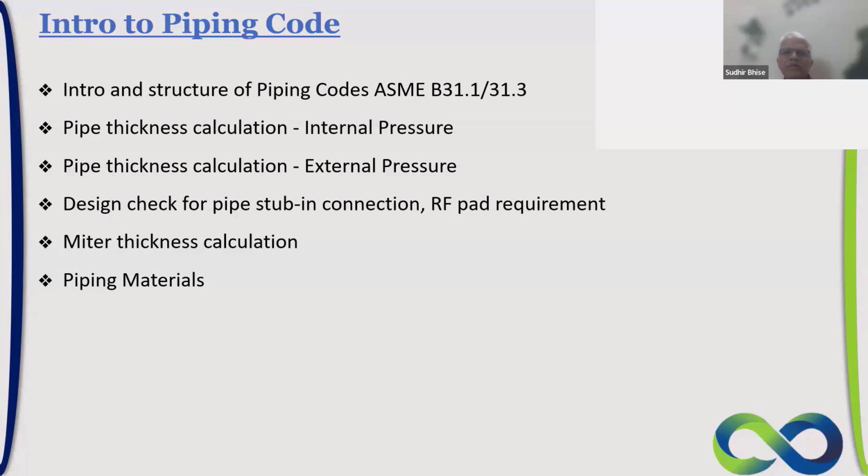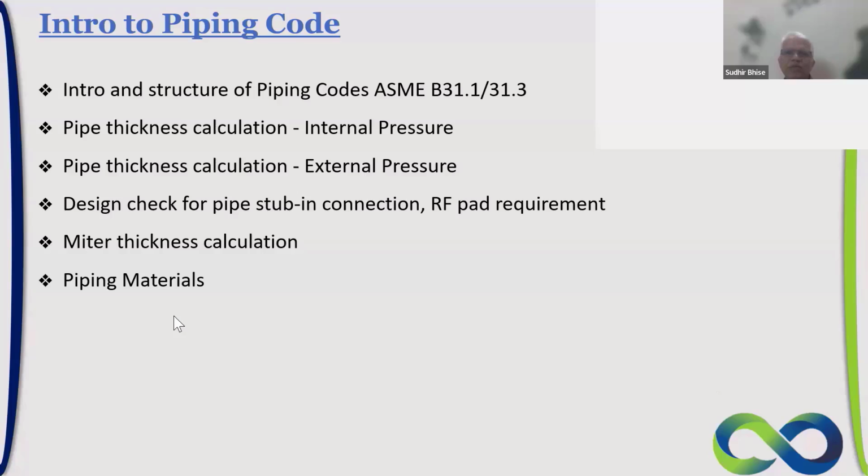We are going to see the appendices, which are the important appendices for our day-to-day design work, and how we are going to use them. We are going to do some calculations on the pipe thickness for internal pressure, then for external pressure.